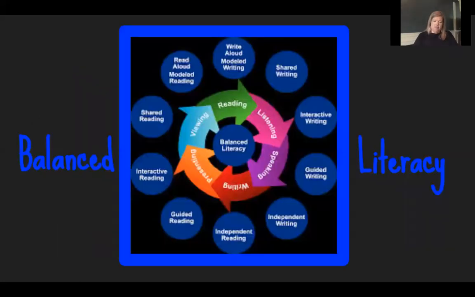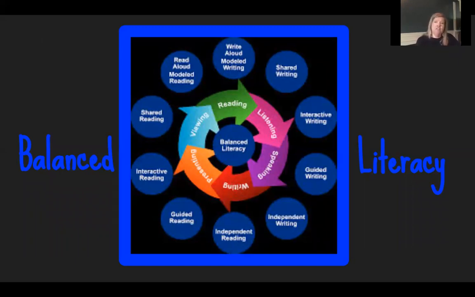For our purposes, though, what I really want us to do is to look at what is probably most aligned with the 21st century model of literacy instruction, and that's a balanced literacy program. And you can see from this diagram that there's a lot of different components to it.